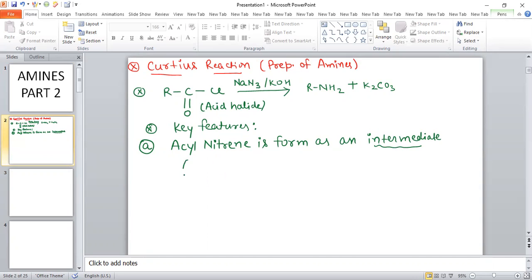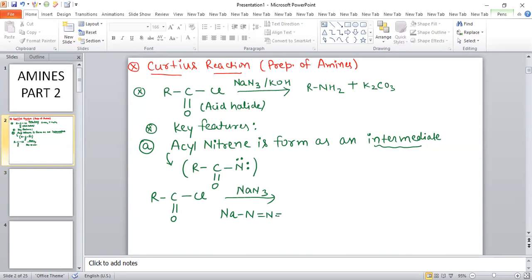What is acyl nitrene? Acyl nitrene is RC double bond O, and on this nitrogen there are two lone pairs of electrons. So this we call acyl nitrene. When this acid halide reacts in the presence of NaN3, you can write this NaN3 in this way, N double bond N double bond N, this is positive, this is negative.